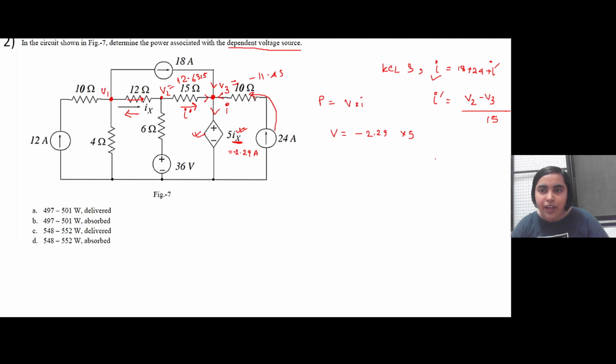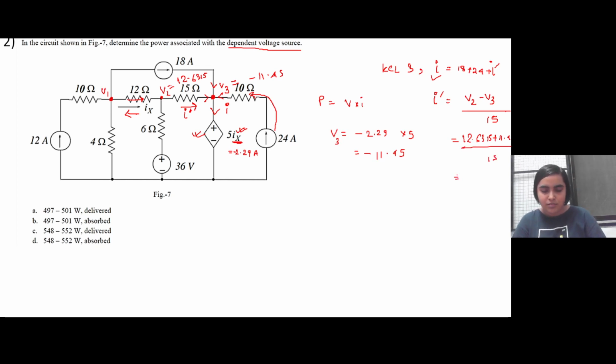So what is the value of I? It will be 12.6315 minus of minus 11.45, so it is plus 11.45, by 15.